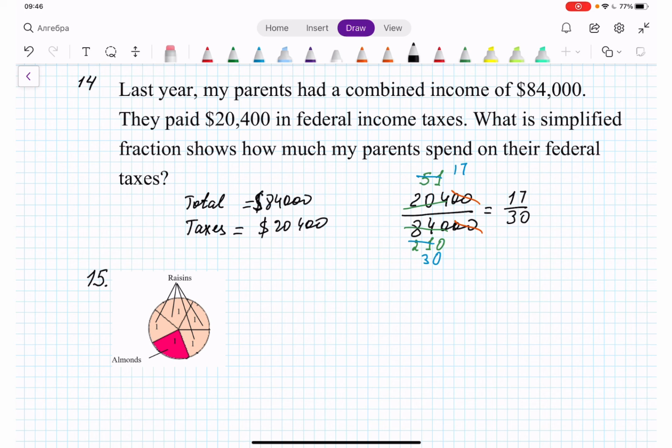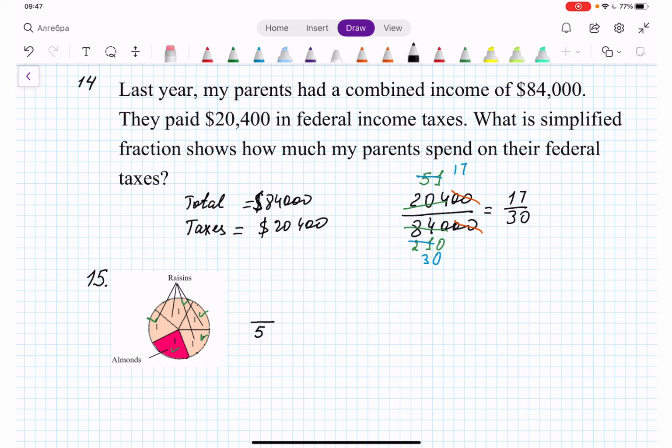So the total, how many portions do we have? One, let me take this color. 1, 2, 3, 4, 5. This is the total, right? So we divide by 5 parts, right?